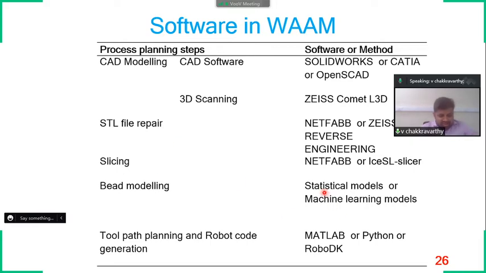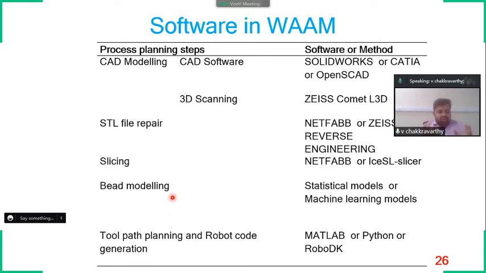For slicing, we generally use these two software which are widely used exclusively for WAAM technologies. As far as bead modeling is concerned, prior to any deposition, we will do some pilot studies. This kind of pilot studies we generally do with some bead modeling studies, bead on plate trials, which I will be showing in the upcoming slides.